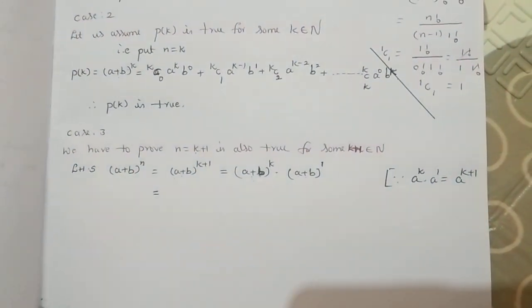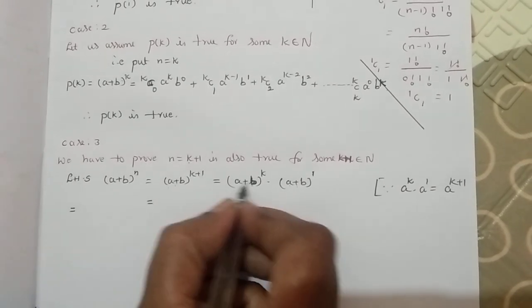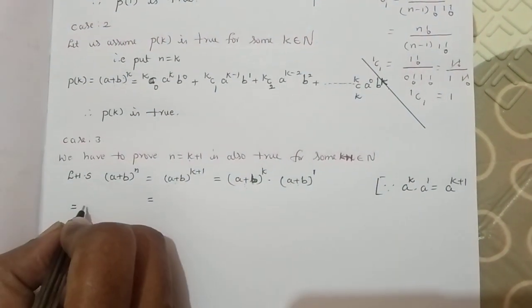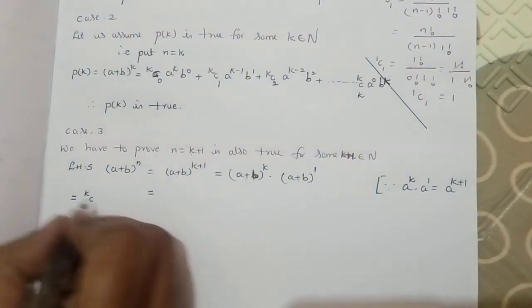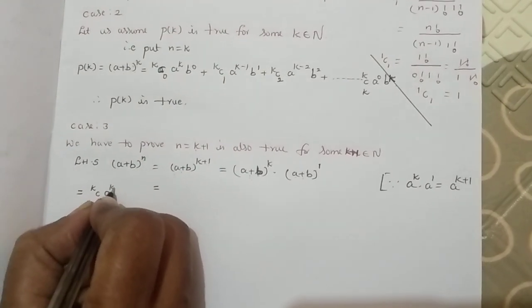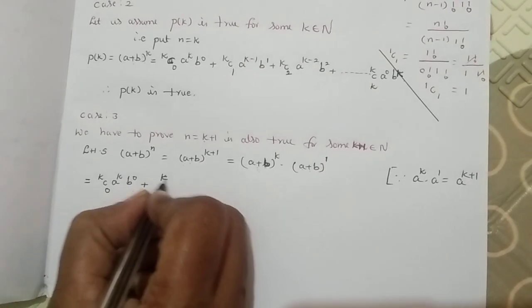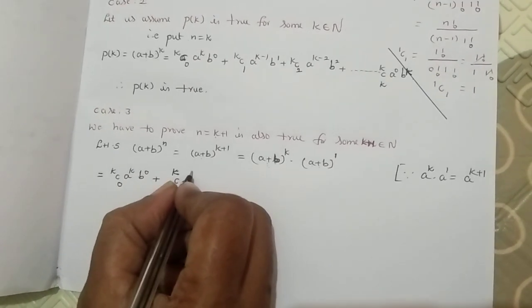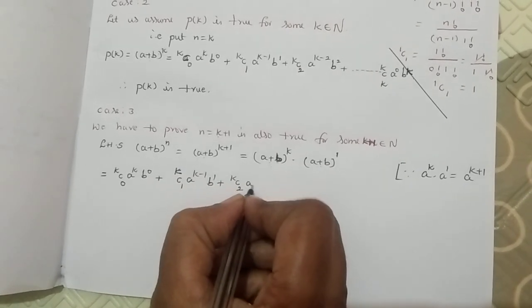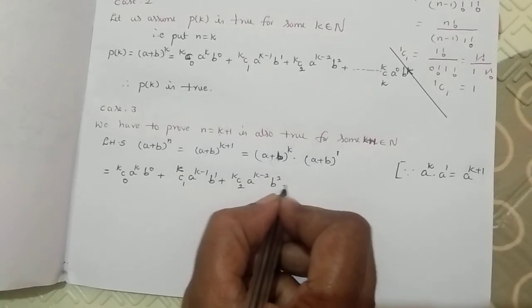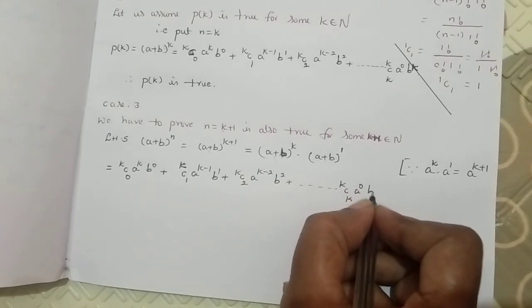So (a + b)^k is nothing but kC0 a^k b^0 plus kC1 a^(k-1) b^1 plus kC2 a^(k-2) b^2, and so on, up to kCk a^0 b^k.